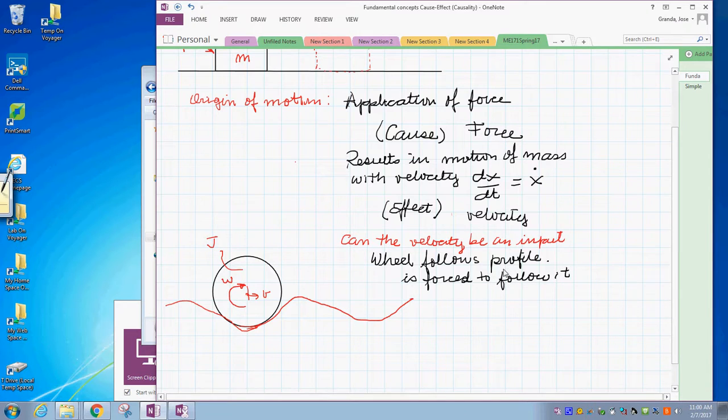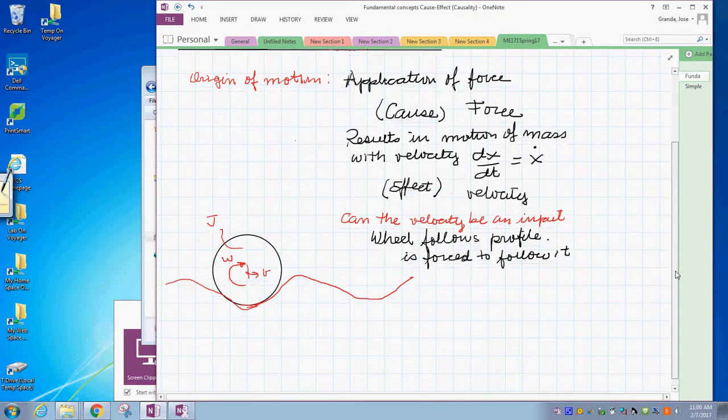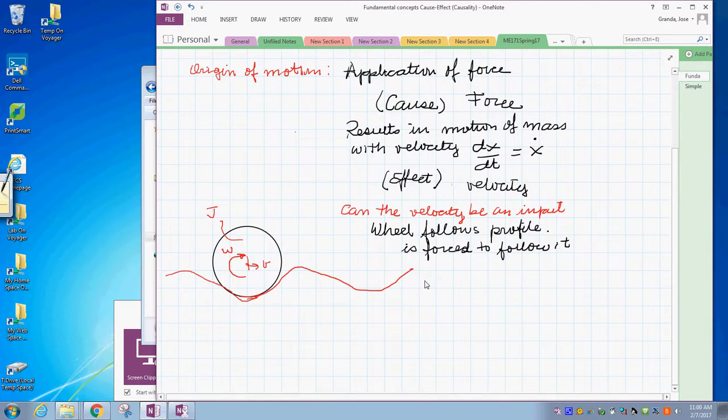And because it's forced to follow the profile, this is the change of position as a function of time. So delta y over delta t, this in fact is the vertical velocity.